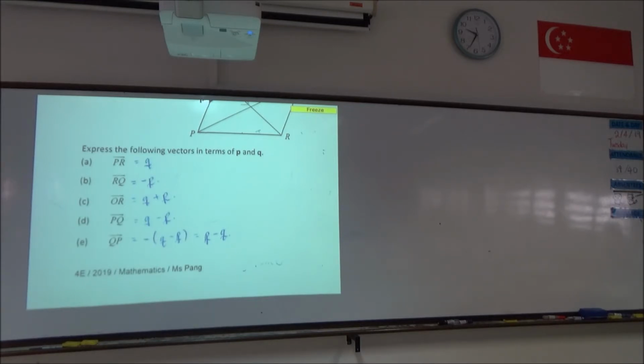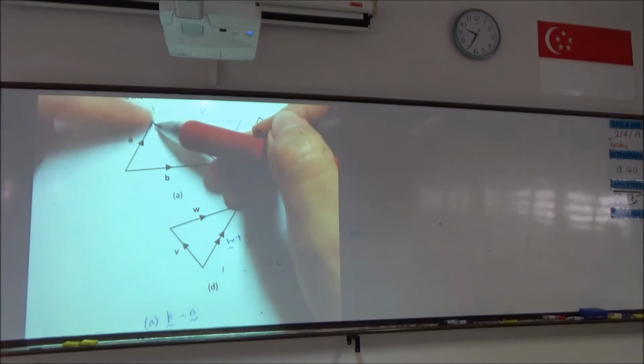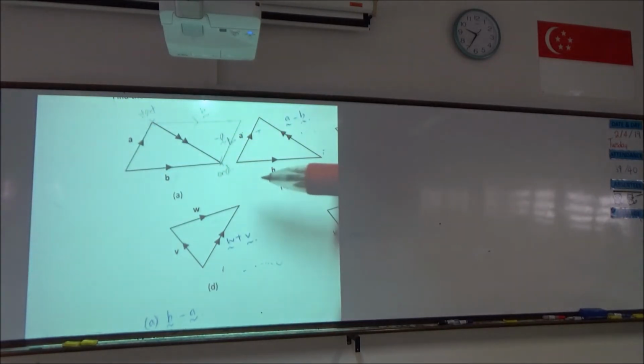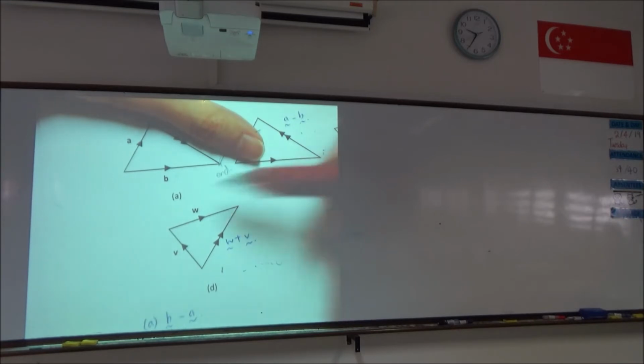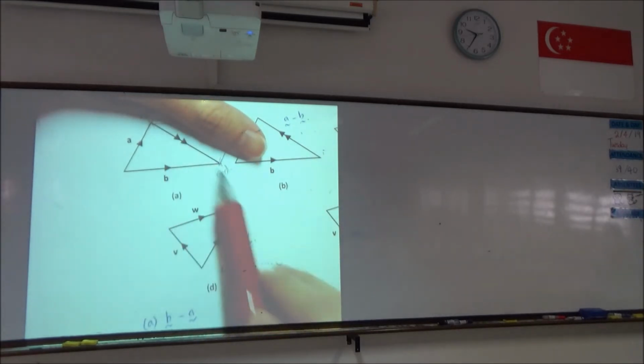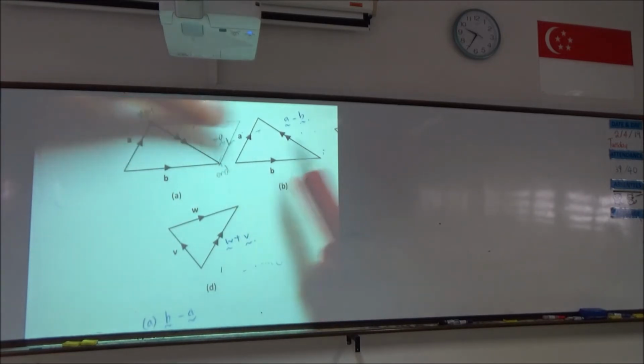Depends on how you want to see. Because you cannot get the resultant from that, negative A plus B. Look at part A, from start to end, negative A plus B. Or else, if you want to think about it like that, it really depends on the perspective.